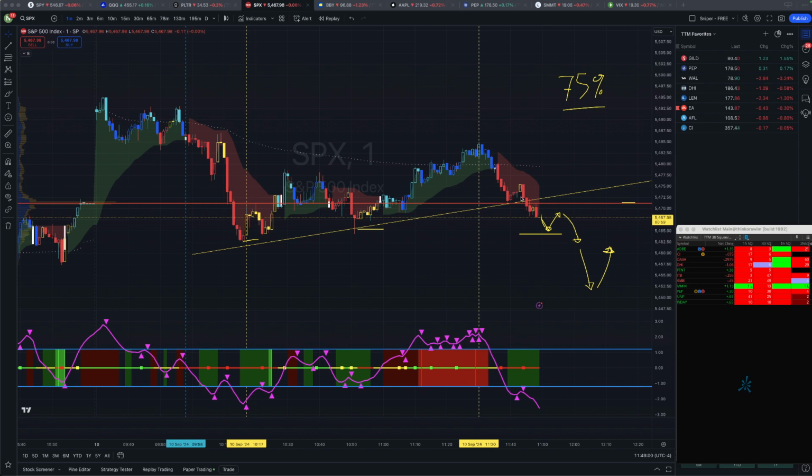move on, right? And so with these kinds of trades, you have to have that element of okay, it didn't work, that's fine.